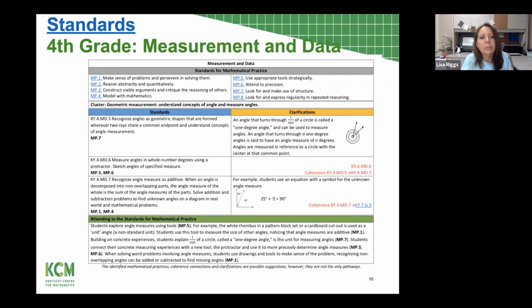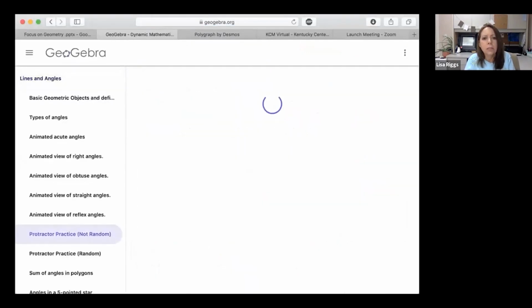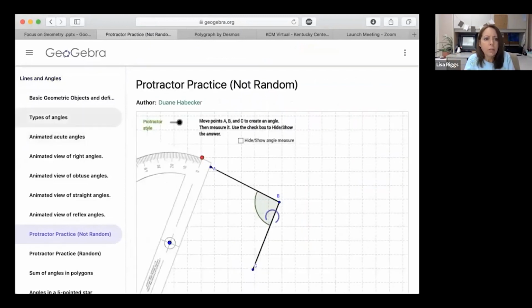Okay. Angles and measurement of angles is a challenge in 4th grade. So if you taught 4th graders, you know that. Another thing I'd like to share with you guys is from GeoGebra about lines and angles. I have a link here that I'm just going to click on, and it goes to GeoGebra.